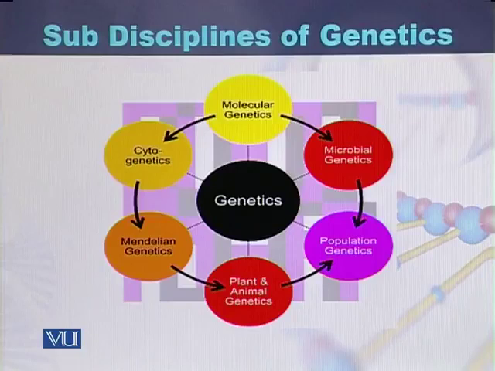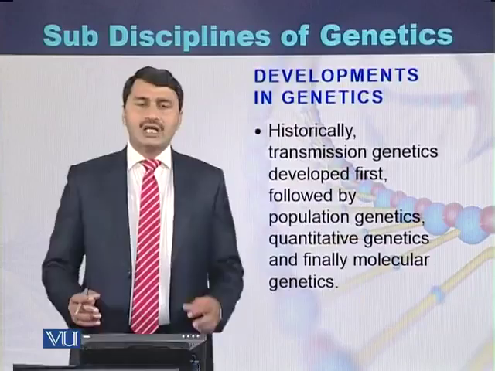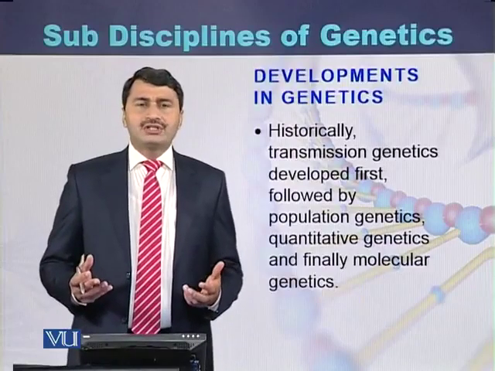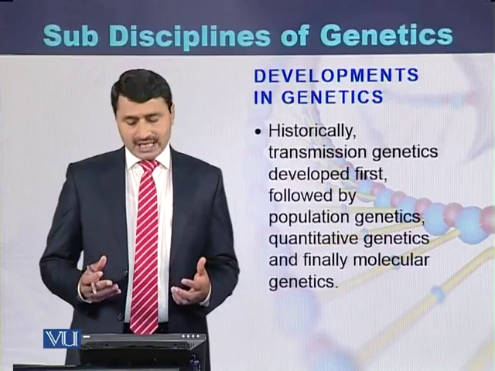And if we study the genetics of microbes, like the genetics of bacteria and viruses, then this category of genetics is called microbial genetics. So these are all subdivisions or subcategories of genetics.